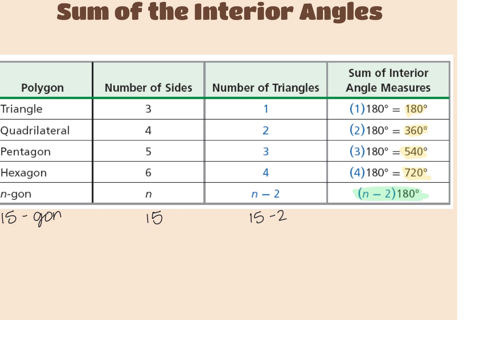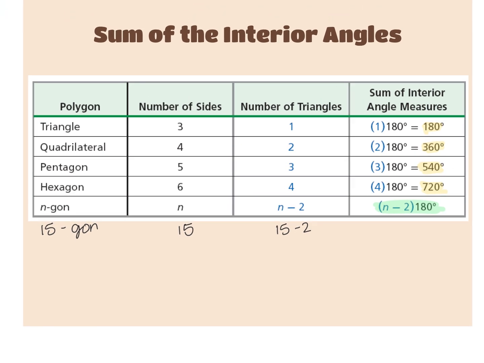That's how you're getting the number of triangles. Clarifying why I'm subtracting by 2: quadrilateral, 4 sides, I can make 2 triangles. This is going back to the previous slide showing you how many triangles you can make. So that's where you're getting your minus 2 from.